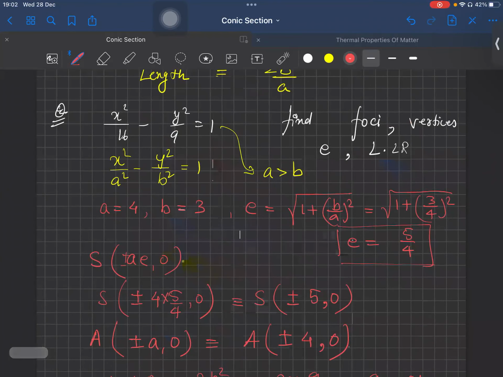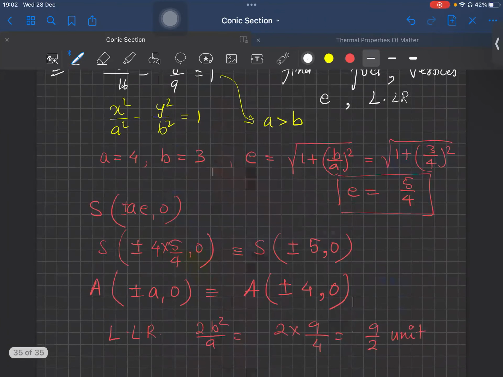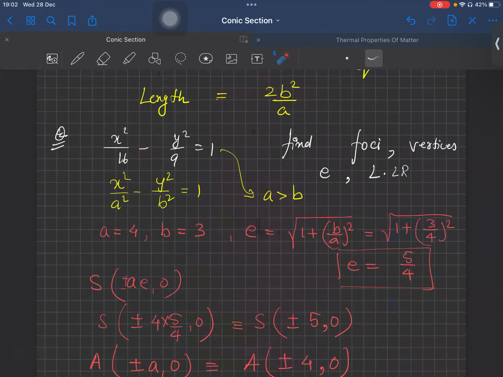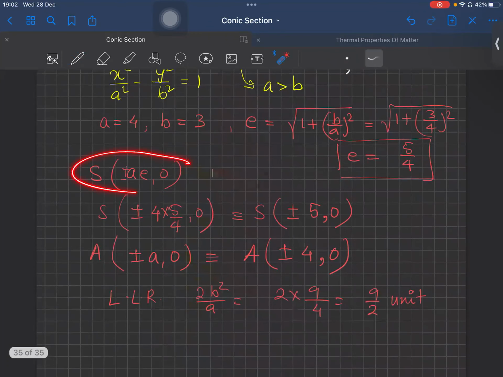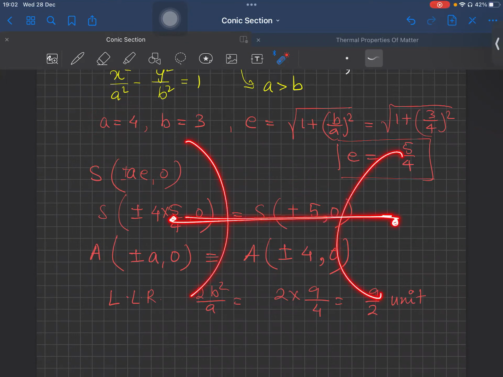Now you see the biggest difference between ellipse and hyperbola. For ellipse, the value here is positive; for hyperbola, it is negative. In an ellipse, the focus S is inside, less than a along the major axis. But in case of hyperbola, the focus is further away, beyond the point which is the vertex on the transverse axis.